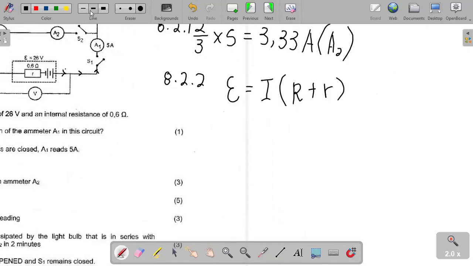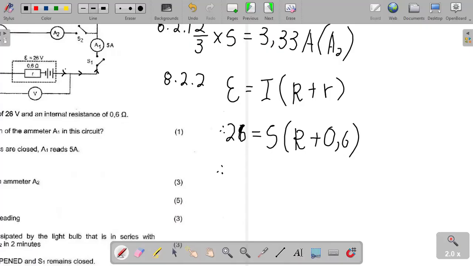So therefore 26 equals 5 times (R plus 0.6). And then we can divide by 5.